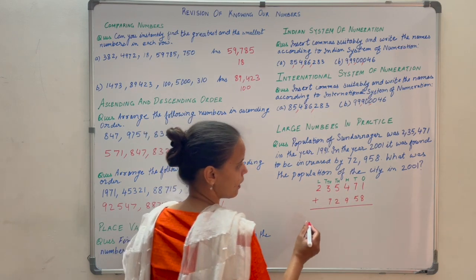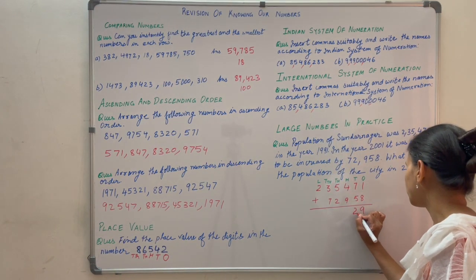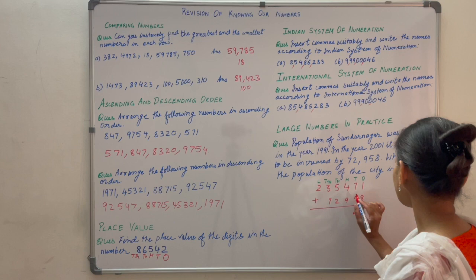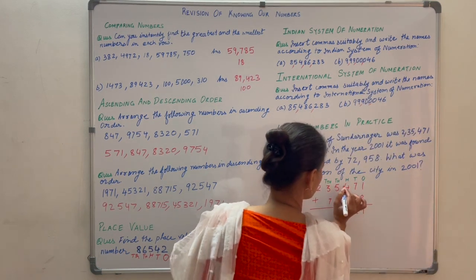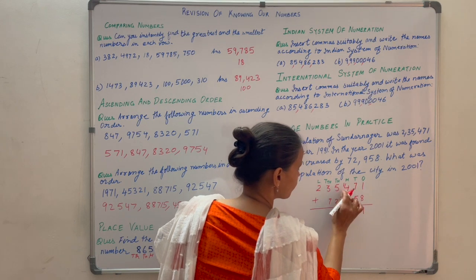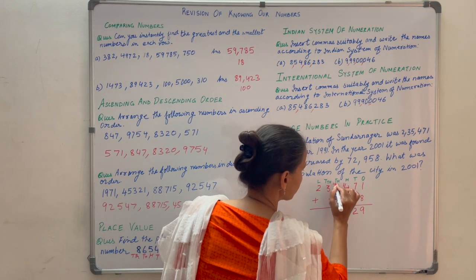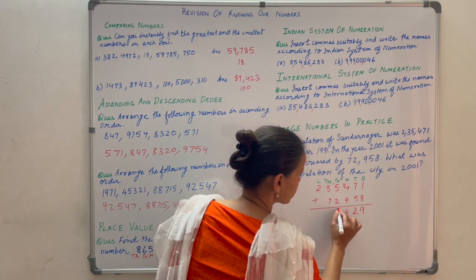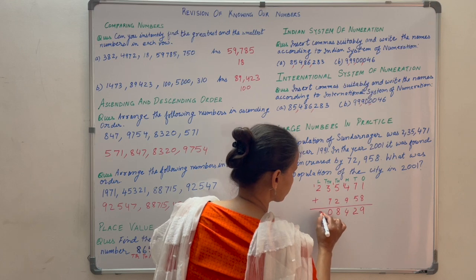So now let us add. 8 plus 1 is 9, 7 plus 5 is 12, carry over 1, so 4 plus 1 is 5, 5 plus 9 is 14, carry over 1, 5 plus 1 is 6, 6 plus 2 is 8, 7 plus 3 is 10, carry over 1, so 3.